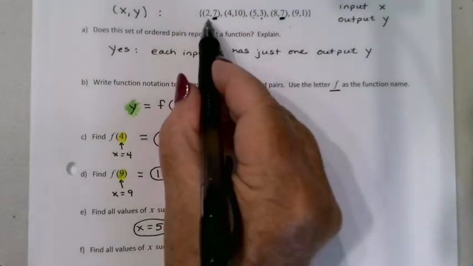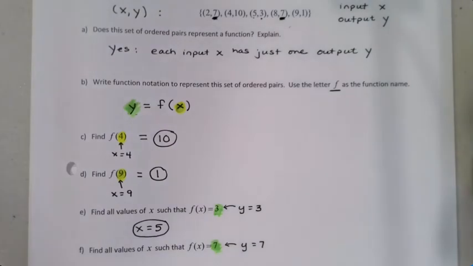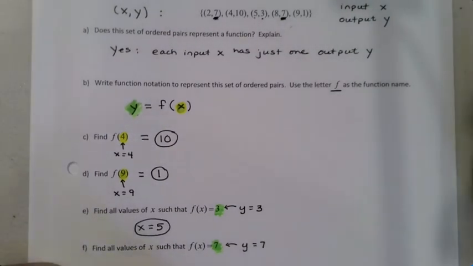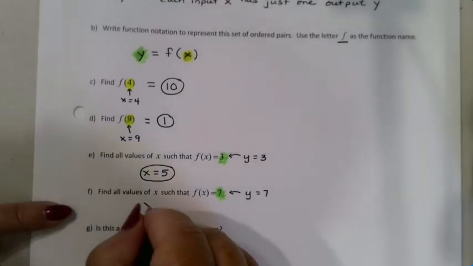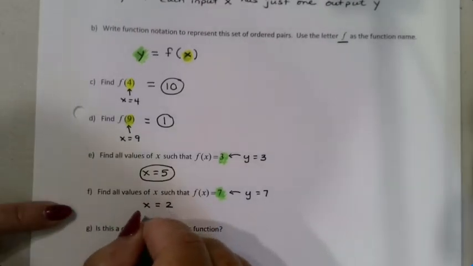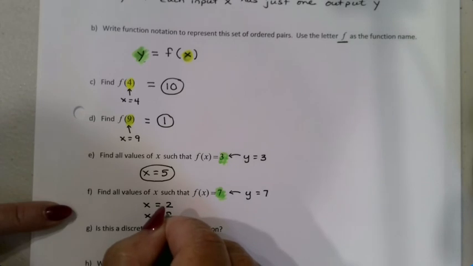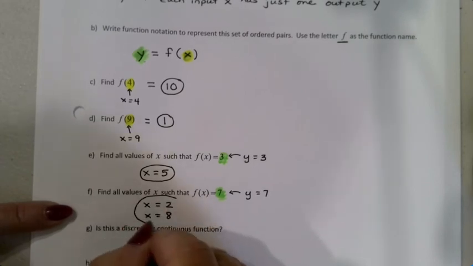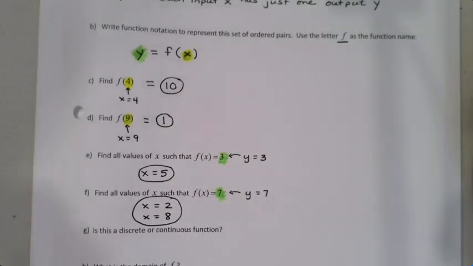So x equals 2 and x equals 8 would both be solutions here. So finding all values of x, I'm going to tell you both. x equals 2, x equals 8. And that's fine. It's possible for two x values to have the same y. That's okay. You just can't have the same x value giving you two different y's.